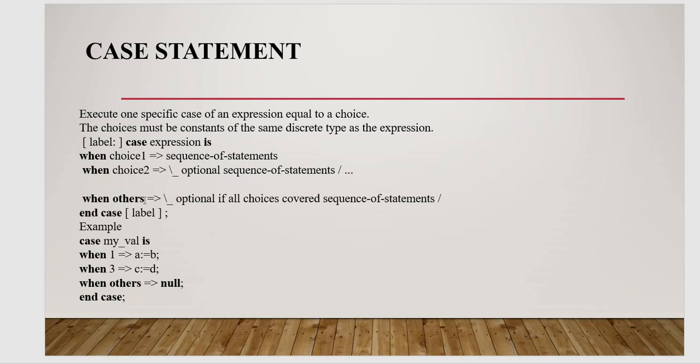This is optional, but many times it is used either to enter a high impedance state or make everything zero or something like that. By default this case statement will be within a process. For example, case my VAL is: when 1, A is assigned equal to B; when 3, C is assigned equal to D; when others, null; and then end case. So this will be the syntax for the case statement.